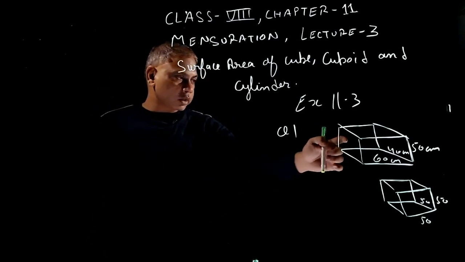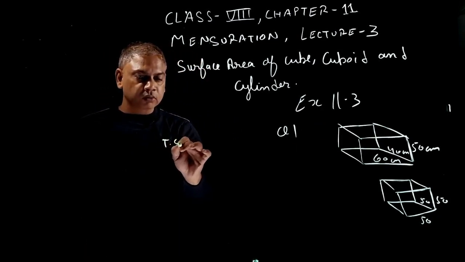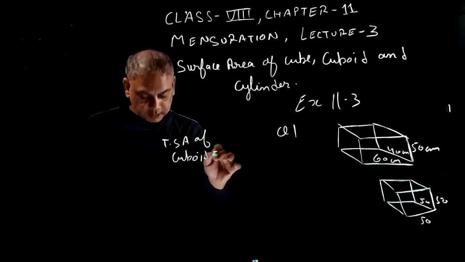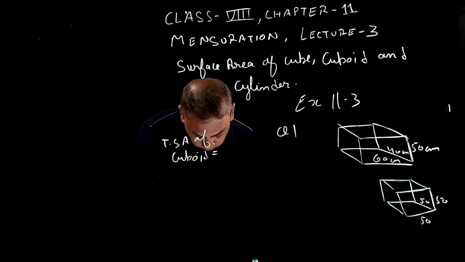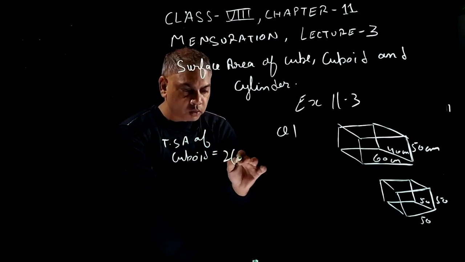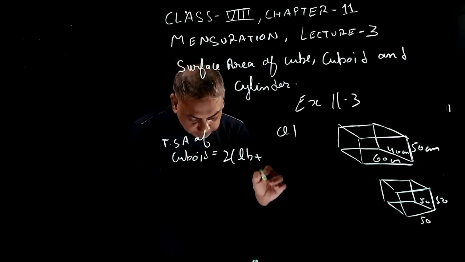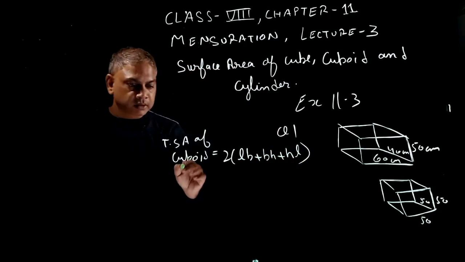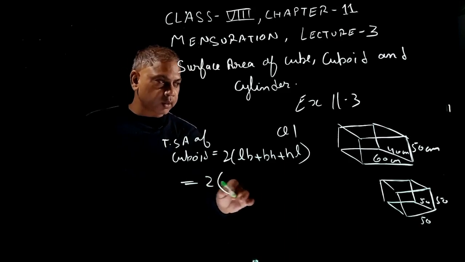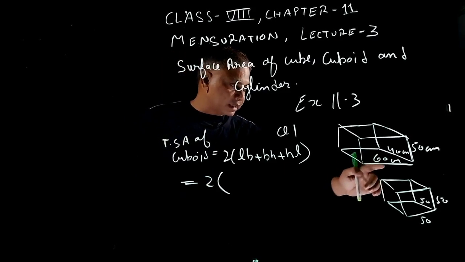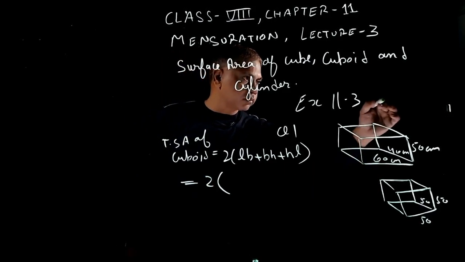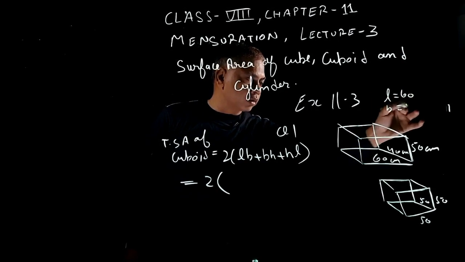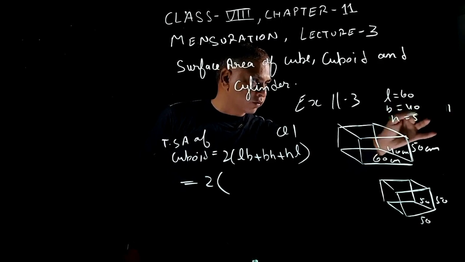Total surface area of the cuboid is equal to 2 (LB plus BH plus HL), right? So total surface area will be equal to 2 into L into B, that is length is equal to 60, breadth is equal to 40 and height is equal to 50.